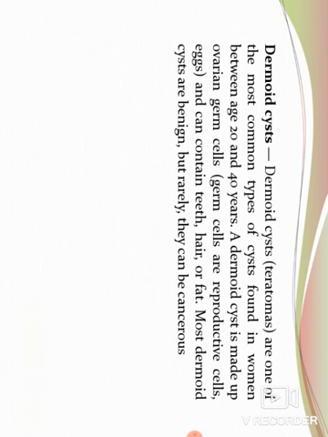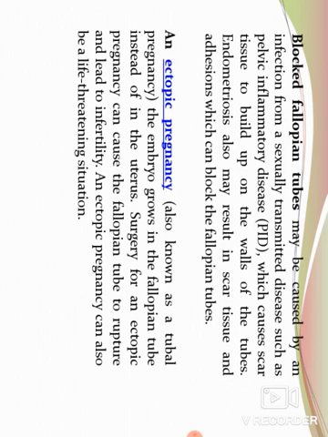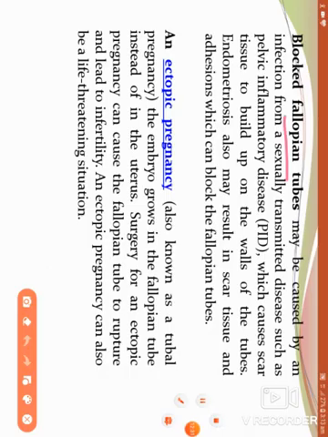It is benign. Then you can see blocked fallopian tubes. If there is any inflammation, such as pelvic inflammatory disease or endometriosis, it can cause scar tissue and adhesions, which block the fallopian tube. That is also one of the causes of infertility. Then the ectopic pregnancy. Fertilization happens in the ampulla of the fallopian tube.